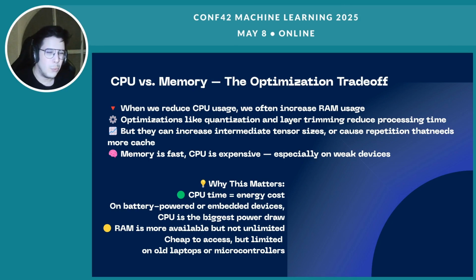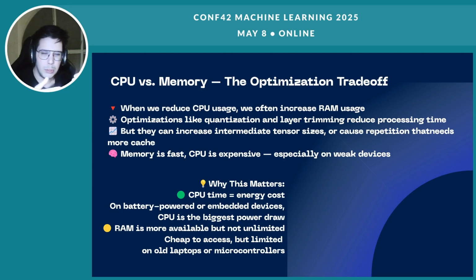Basically speaking, with optimizations like quantization, layer trimming will reduce processing time, but they will compensate in tensor sizes, caching, and parallel processing, which will increase their RAM memory. Why does this matter?